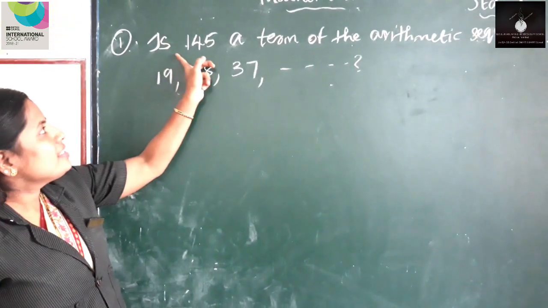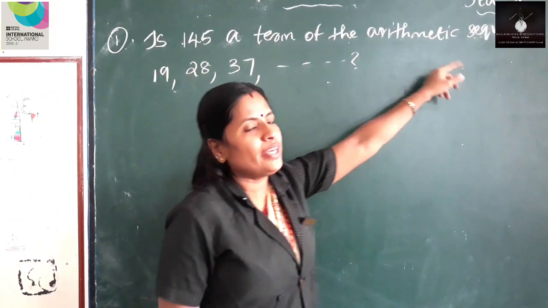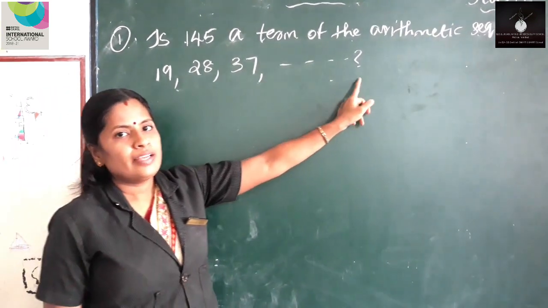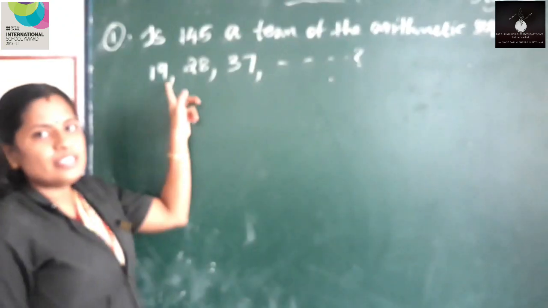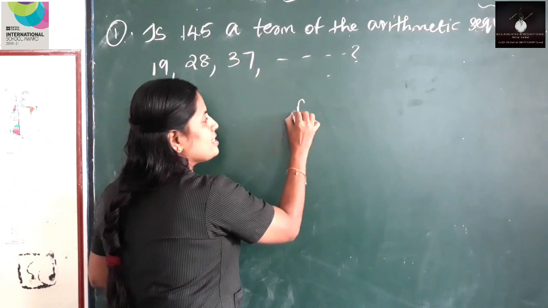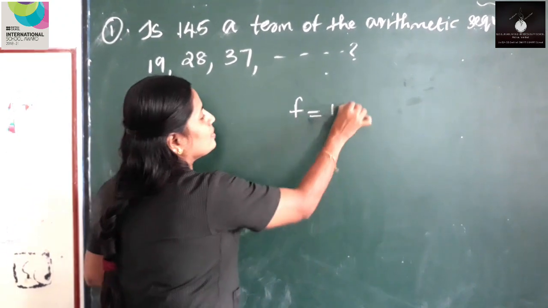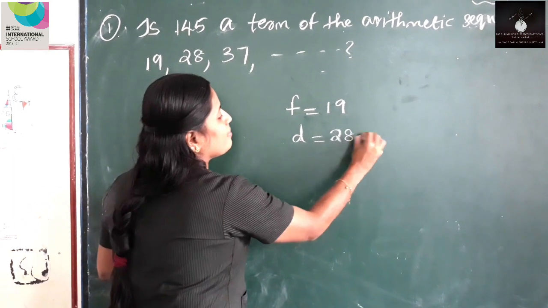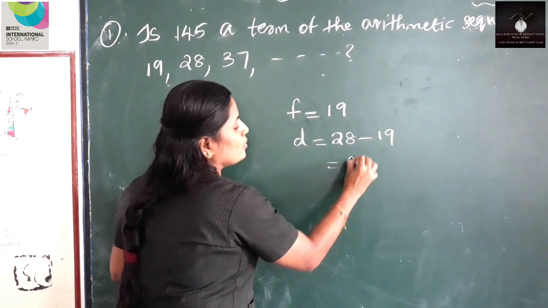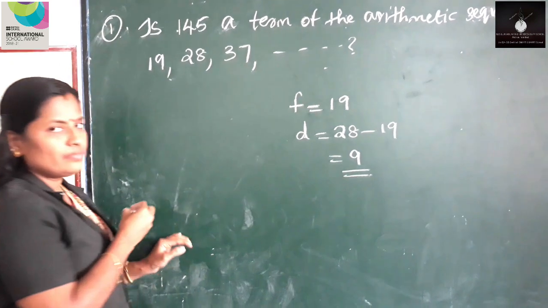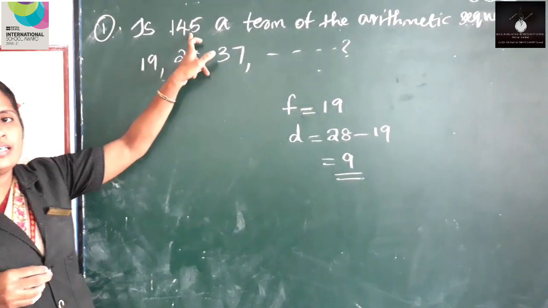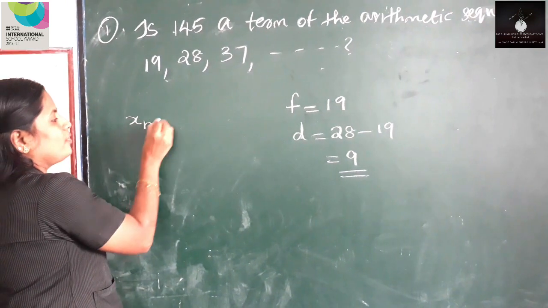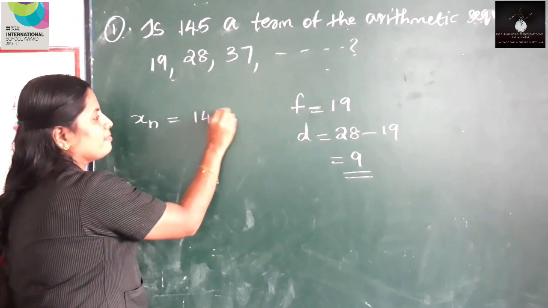Next one is, is 145 a term of the arithmetic sequence 19, 28, 37 and so on. Here the first term denoted as f. f equal to 19 and the common difference is 28 minus 19 equal to 9. Then consider 145 is the nth term. So xn equal to 145.